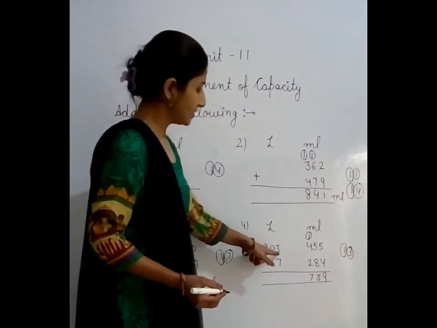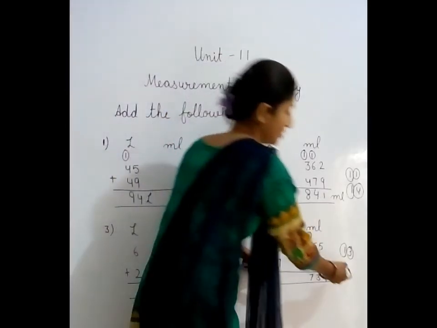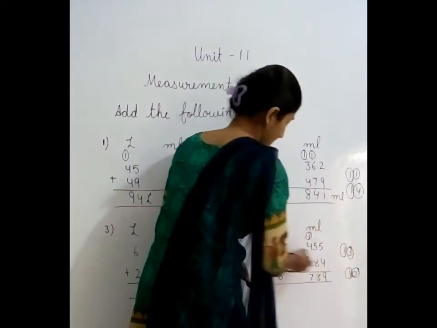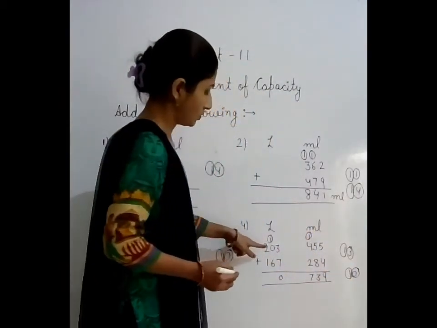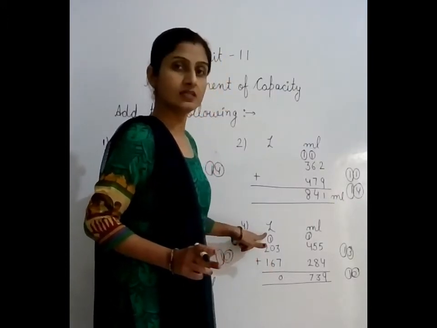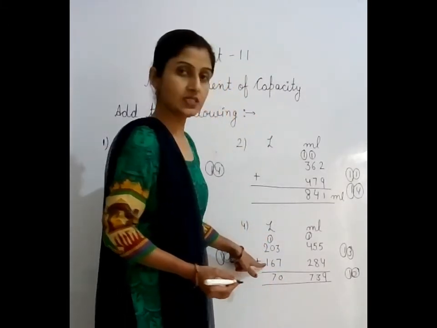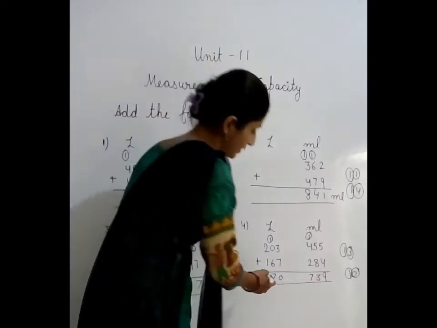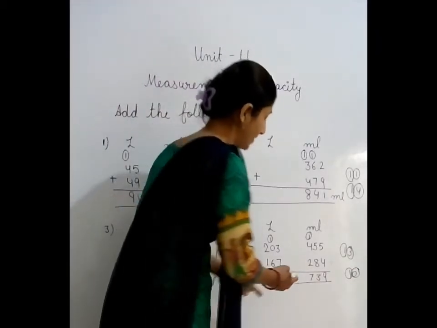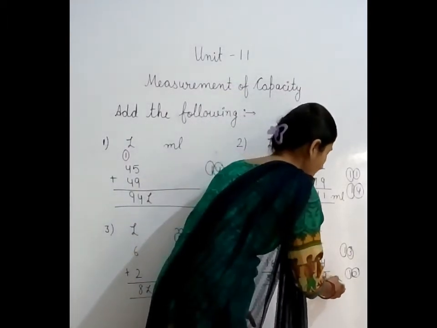Move to liter side. 3 plus 7. 3 plus 7 is, yes, 10. 0 is here and 1 is carry over here. Now 0 plus 6 is 6 and 6 plus 1 is 7. So 2 plus 1 is 3. So what is our answer? Our answer is 370 liter 739 milliliter.